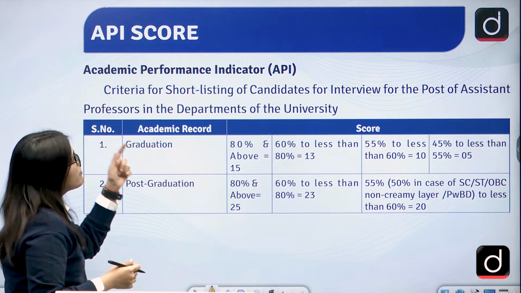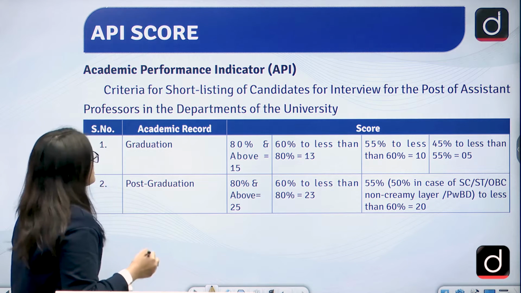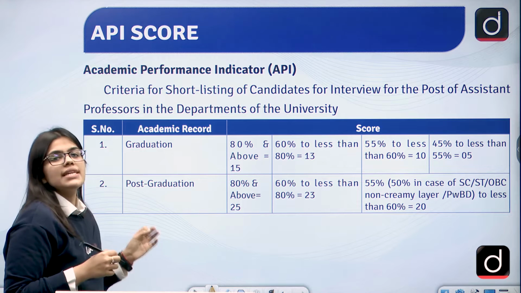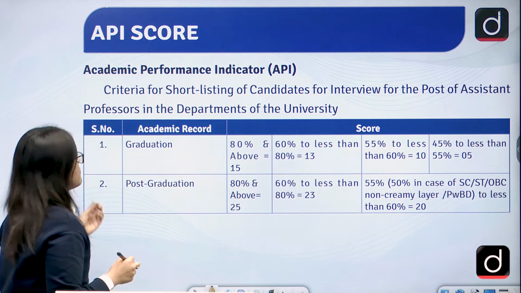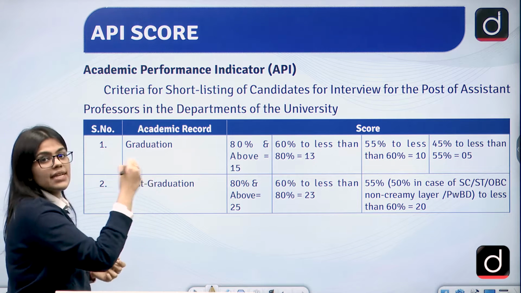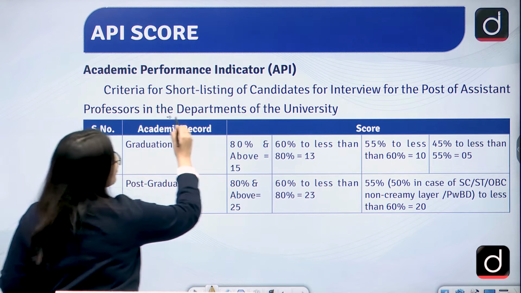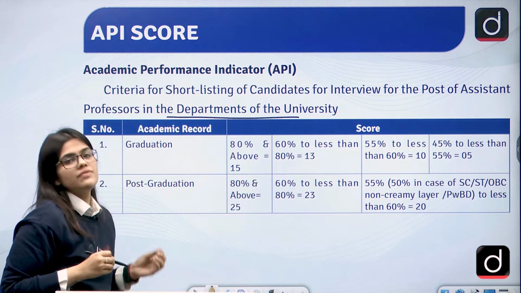So the academic performance indicator is a criteria for shortlisting candidates for interview for the post of assistant professor. And the criteria that we are first discussing is for the department of the university.